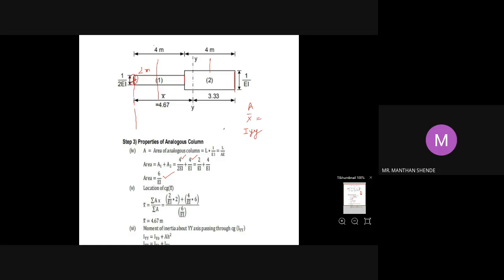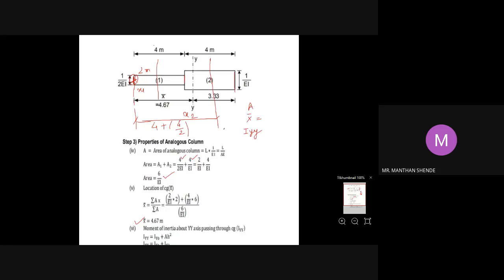That will be the total, 4 plus 4 by 2. So this will be X1 and this will be X2. This is how you can find it: A1 into X1 plus A2 into X2 divided by the total area. After calculation, the total CG of the given section is 4.67.